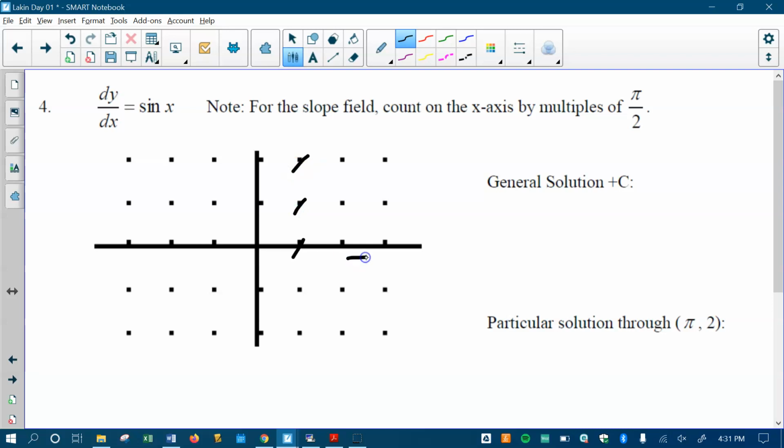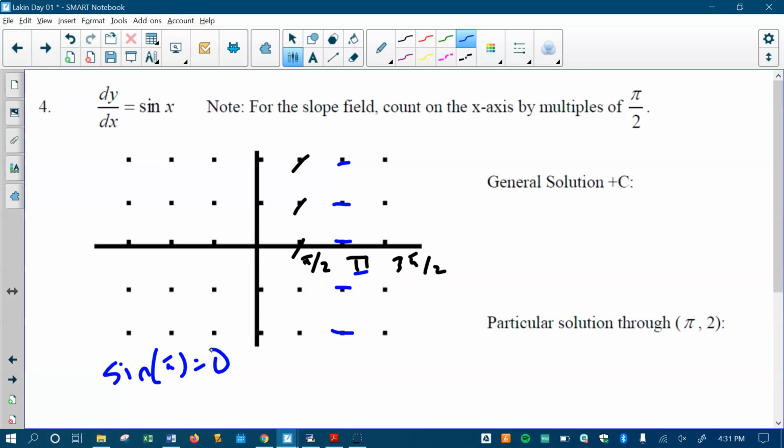Now we're going to have pi, because again we had multiples of pi over 2, and 3 pi over 2. Sine of pi is 0, so let's do 0 slopes for pi. And if you're not sure why, I just did sine of pi here to get 0.